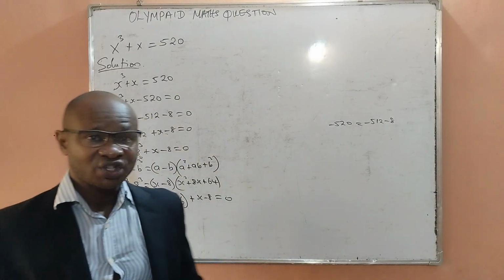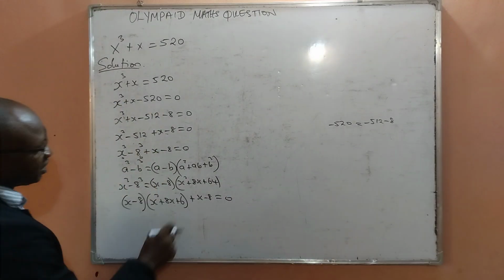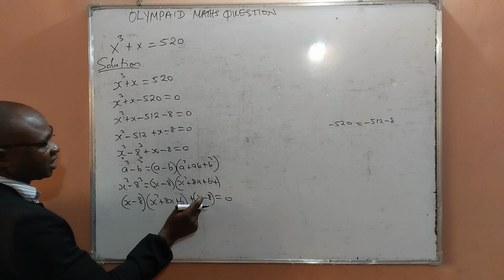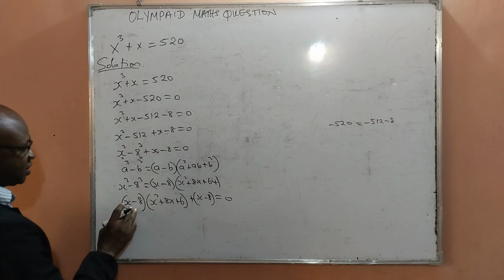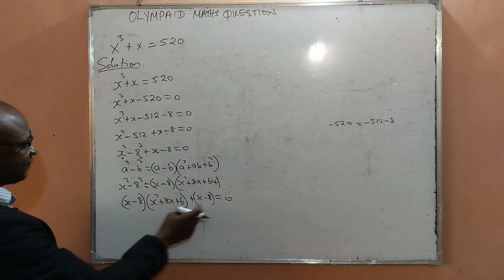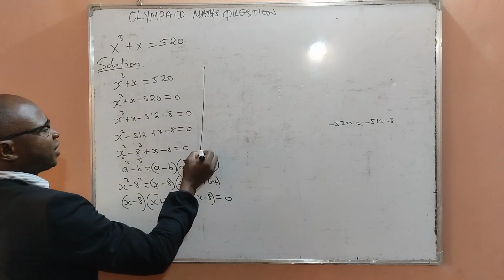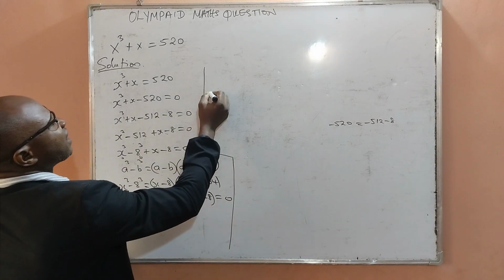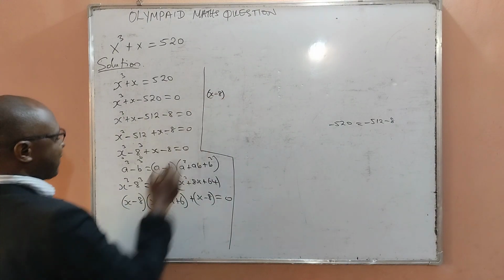Mathematics is life. Look very well. What I have here is the x minus 8. If you look here also, you can see x minus 8. So it is factorizable. Now I can factor it out. Upon doing that, I am going to have x minus 8 factored out.